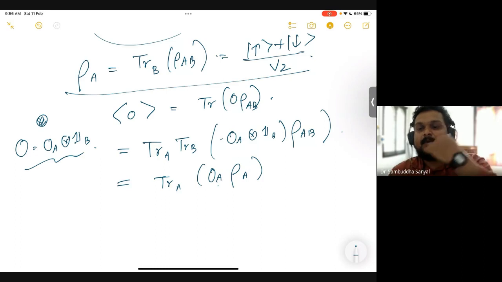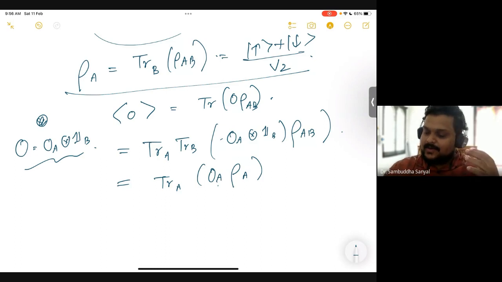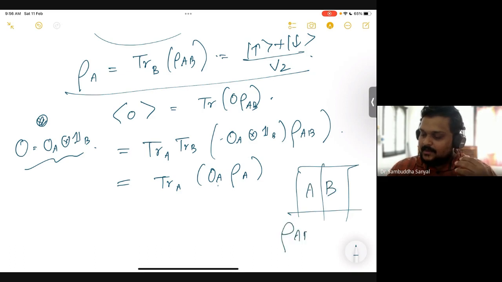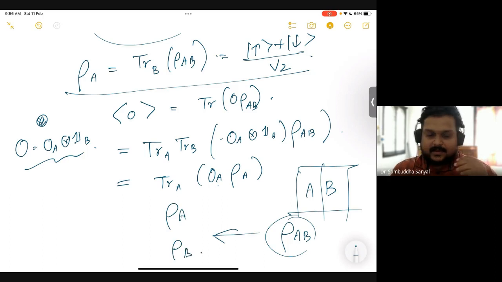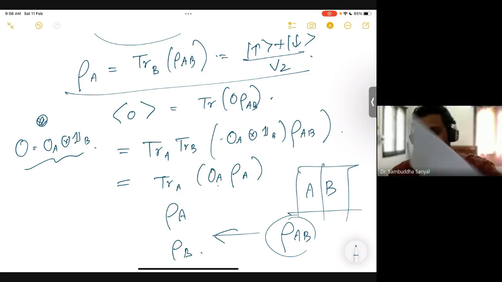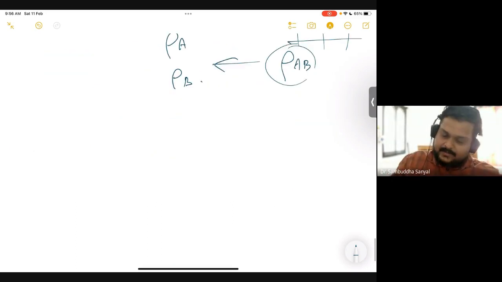That will give me the A part. So if I have a two-part system, A and B, and I know rho AB, how will I get rho A and rho B from there? That is what this partial trace will do. So let's see this in action. Let's do one example, that is the basic. Then I will come back to the theory.